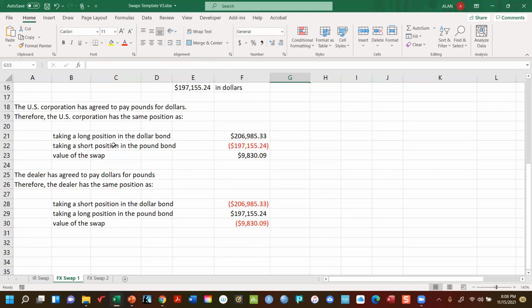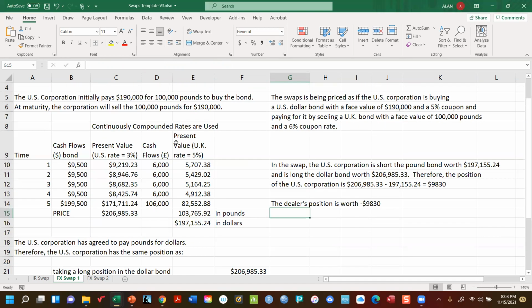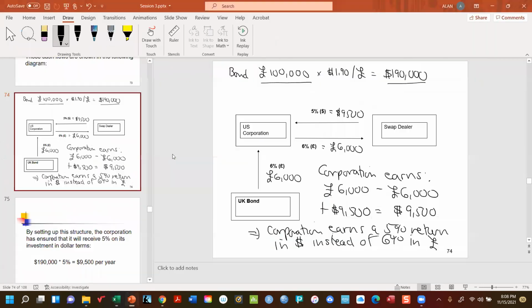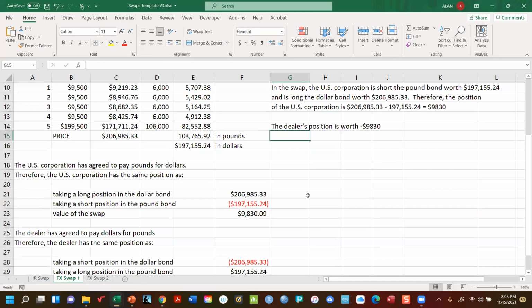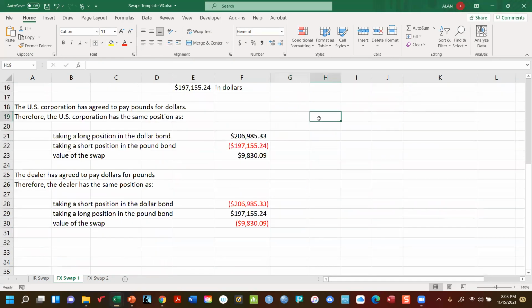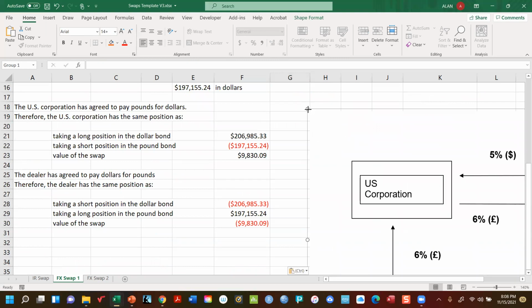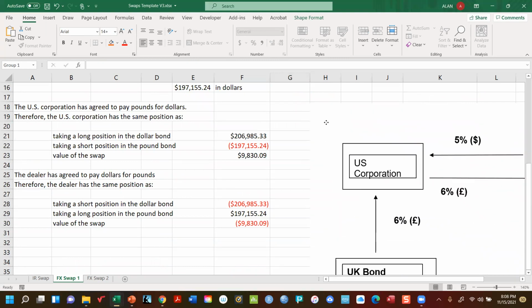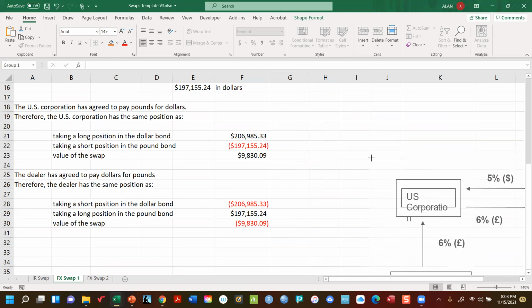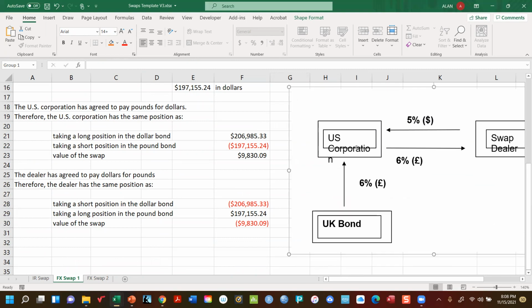All right, and then here it's laid out a little more clearly. And again, it's because the corporation is paying pounds to the dealer. In fact, let's get this picture in here. It's so confusing to go back and forth.